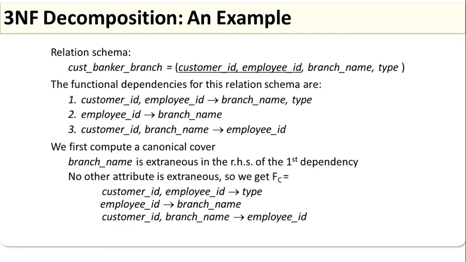The functional dependencies of this relation schema are customer ID, employee ID, and customer ID, where it represents employee ID, department name, then branch name and employee ID. We first compute the canonical cover. Branch name is extraneous in the RHS of the first dependency.